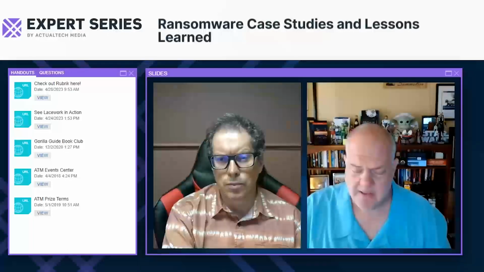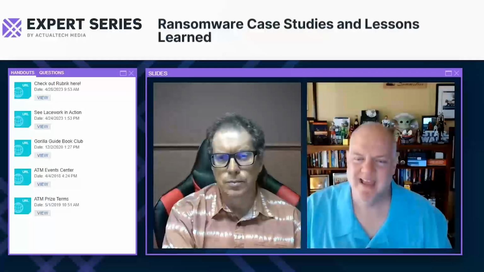Run your forensic tools on them to make sure there are no tools left behind by the ransomware actors before reconnecting them to the network. That becomes really important to make sure that you're not reintroducing the malware back into your network. Certainly not something that anyone wants to do.